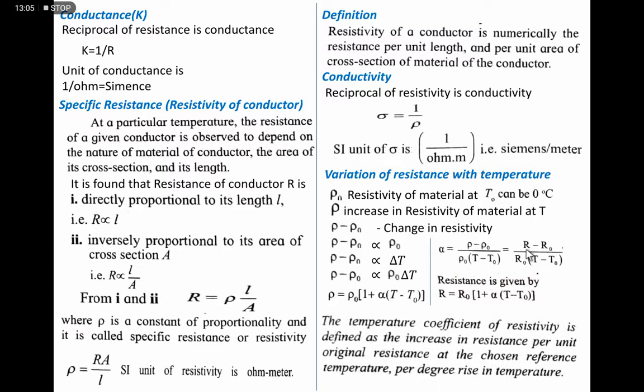Using this equation, you can define alpha. The temperature coefficient of resistance is defined as the increase in resistance per unit original resistance per degree rise in temperature, at a chosen reference temperature.